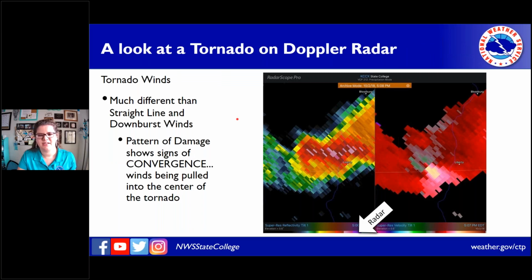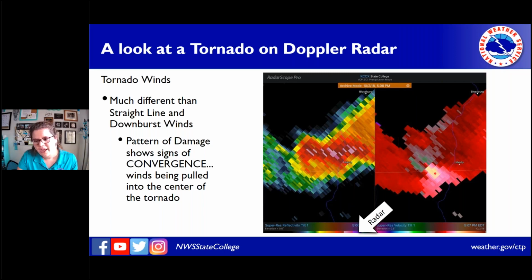So let's look at this example again and decipher a little bit more now with a slow single image, a little bit easier to see. So we have our reflectivity on the left and our velocity on the right. Radar location again is down towards the bottom left. It's a much different picture than your downburst winds.